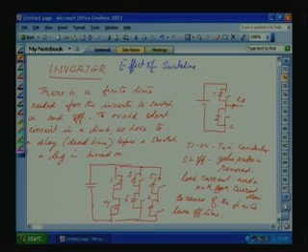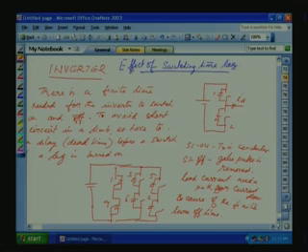Switching time lag. As written here, there is a finite time needed for the inverter to switch on and off. That is what I explained before. This is turned on. Once the gate pulse is removed, this will turn off.